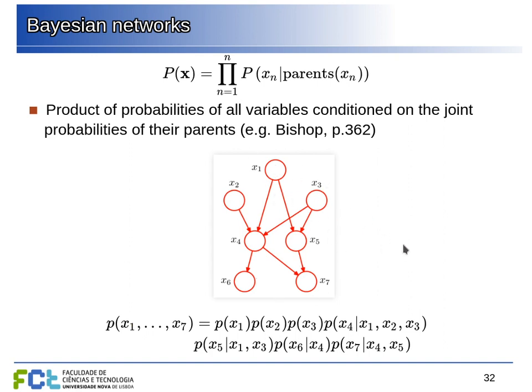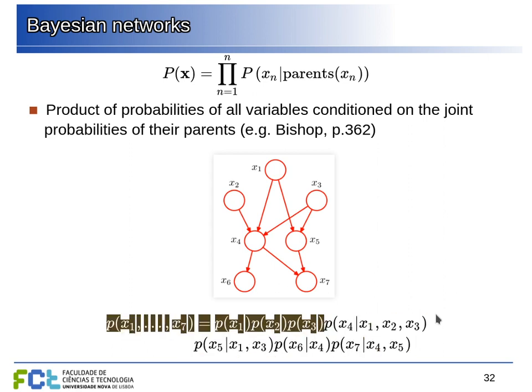using this set of conditional relations can be written as the product of the distributions of these variables x1, x2, and x3. These three have no parents, so they are here on their own. Then x4 is dependent on the values of x1, x2, and x3, because we have these arrows here.